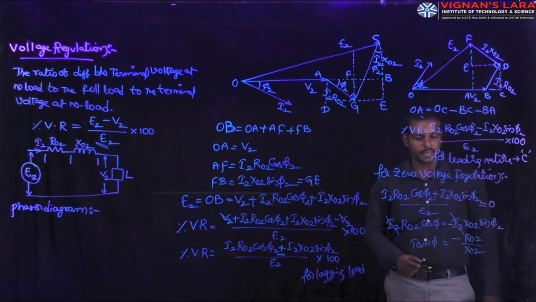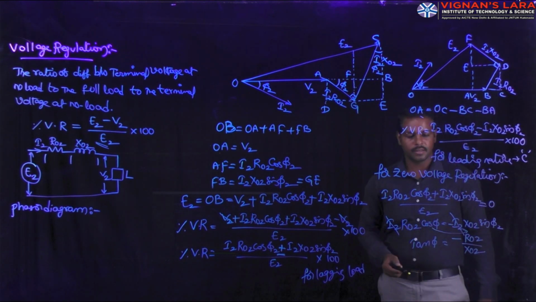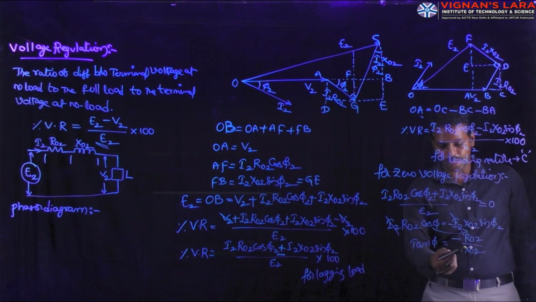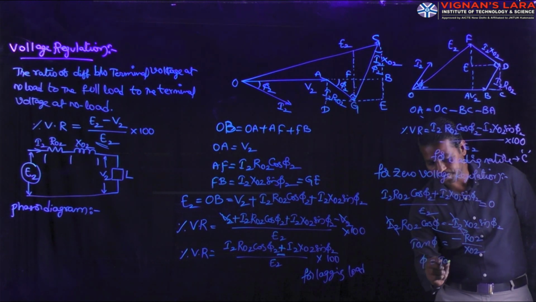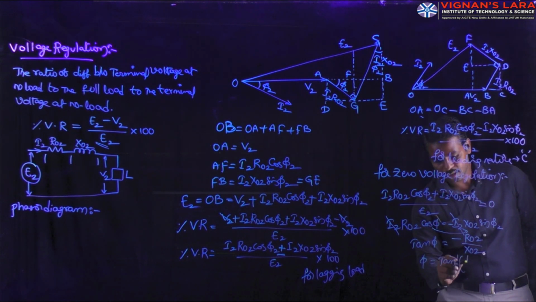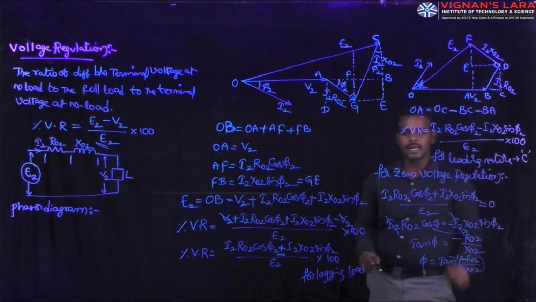So tan phi is equal to minus R02 by X02, and phi is equal to tan inverse of R02 divided by X02. So the negative sign indicates the leading power factors.